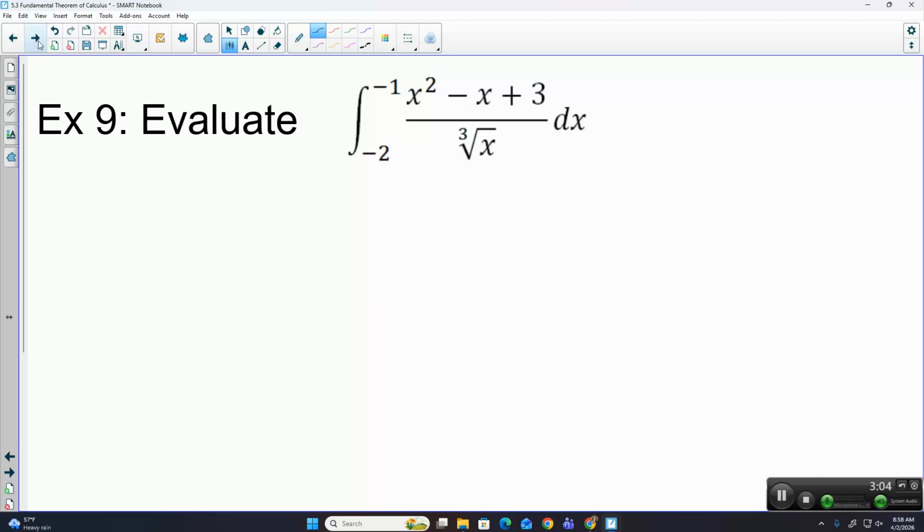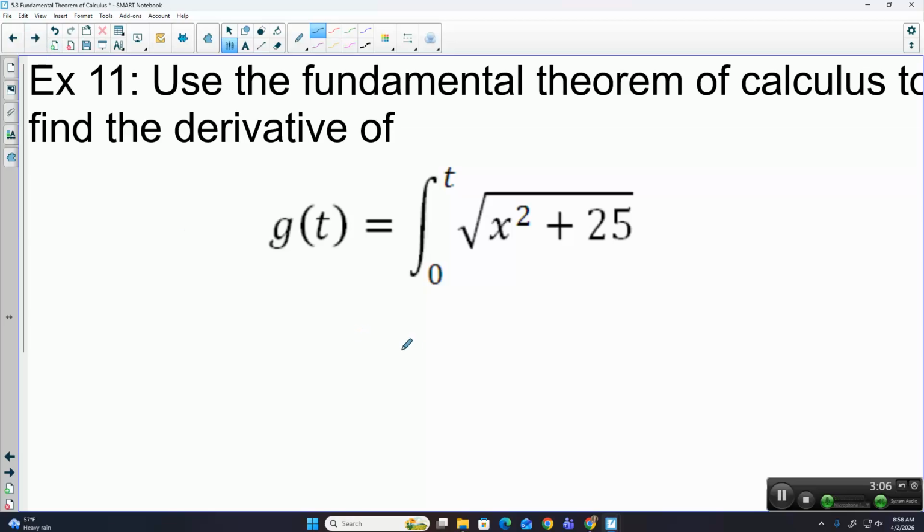Let's do, I'm going to go to this one, example 11. All right, fundamental theorem of calculus. What is the derivative of this? That's a review from yesterday.